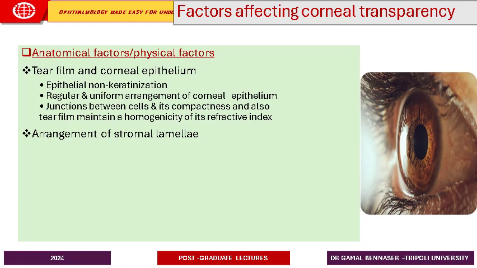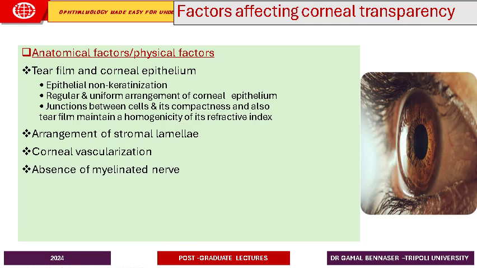The main cause of the homogeneity and transparency of the cornea is the specific arrangement of the collagen fibers within the stroma and the lamellae. So we will explain this in the next slide, along with the different theories that explain the arrangement of the collagen fibers within the stroma. Another thing is corneal avascularity.